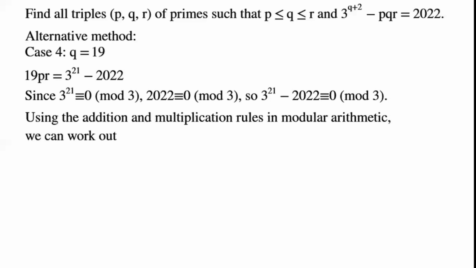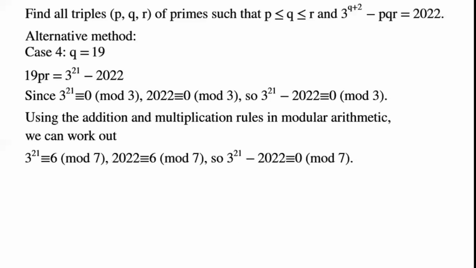Using the addition and multiplication rules in modular arithmetic, we can work out that 3 to the power of 21 is congruent to 6 mod 7. 2022 is congruent to 6 mod 7.